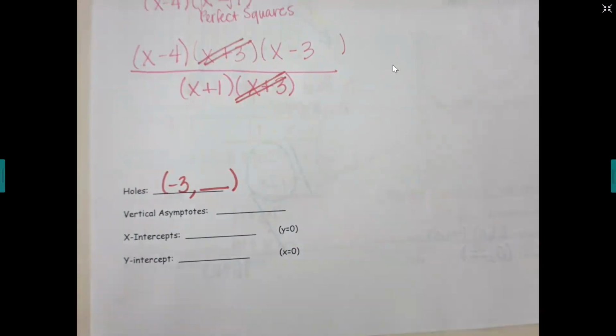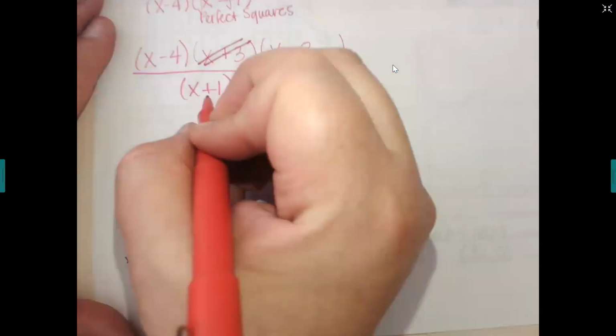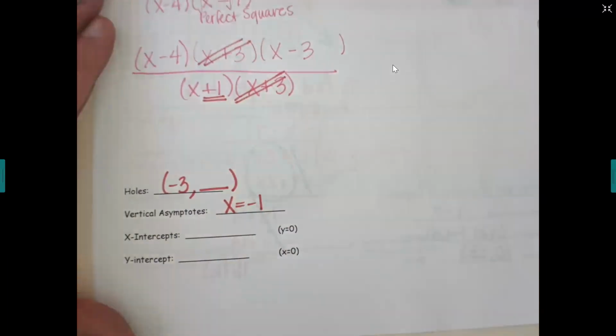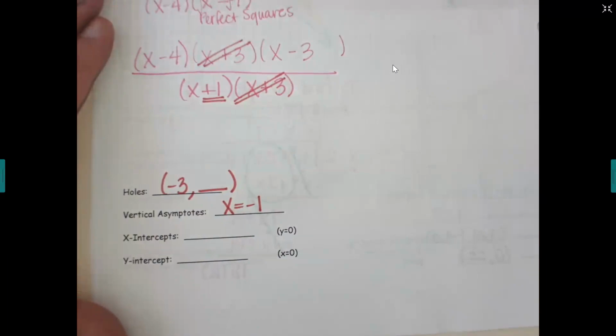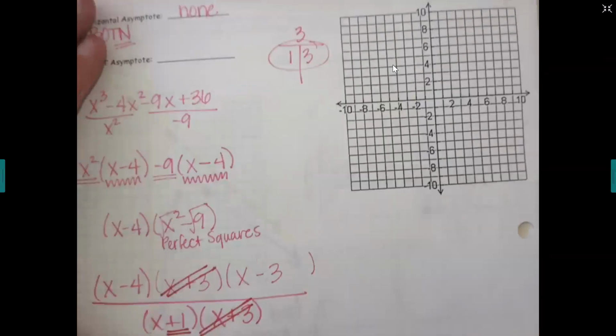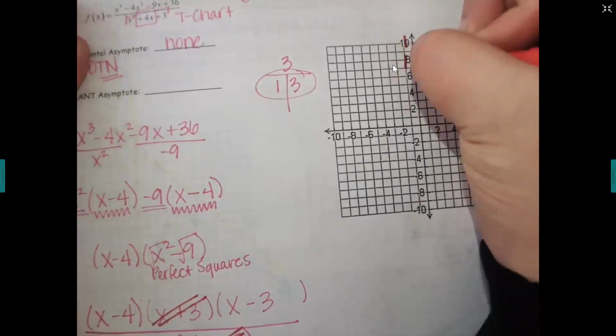Do I have one? Okay, and it's a plus 1, so I'm going to switch it to x equals negative 1. And can I graph that right now? Okay, negative 1 is a straight line through negative 1. So I'm going to go ahead and graph that right now. Go up to your graph. Negative 1 would be right here.